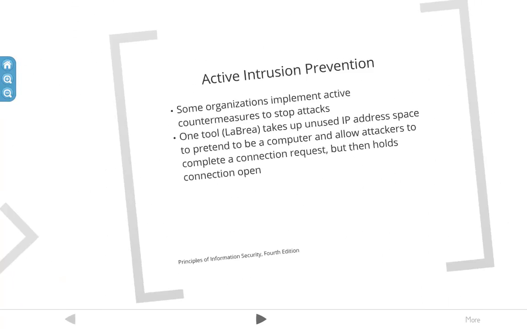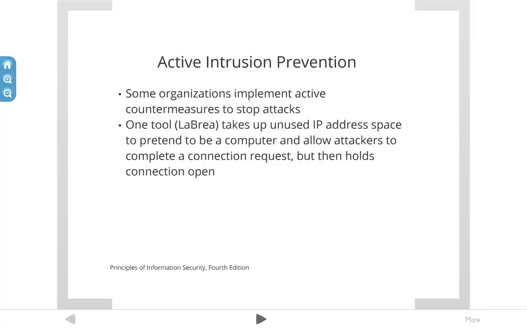All right. Active intrusion prevention. What we're looking at is a tool like LaBrea, and if you try to download this tool right now, you will see that those websites are not active, likely because of a number of legal conversations. So this system is supposed to hold the connection open, and that way it becomes like a trap.